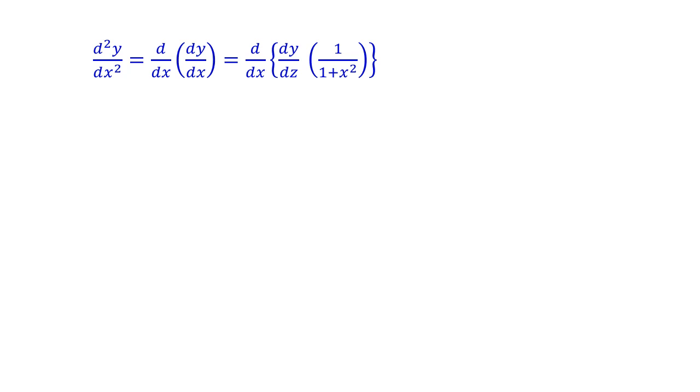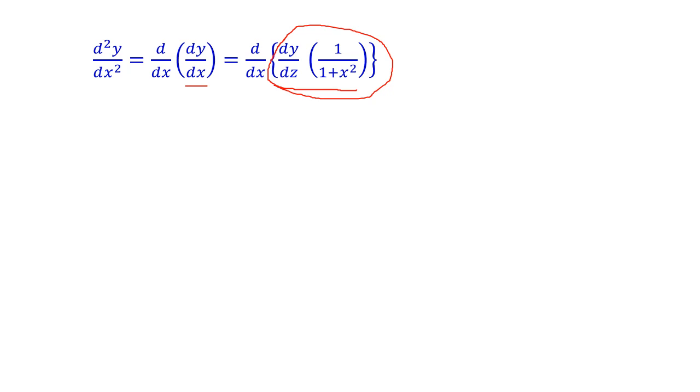That is equal to d by dx of, now we shall replace the value of dy by dx, that is dy by dz into 1 over 1 plus x square. Now d by dx of dy by dz into 1 over 1 plus x square means we have to differentiate this much. That means we have to use product rule.